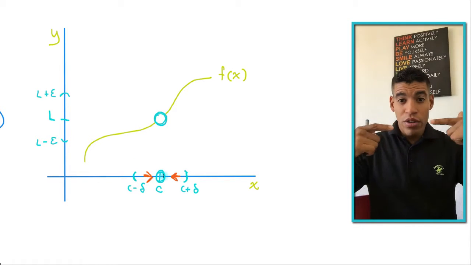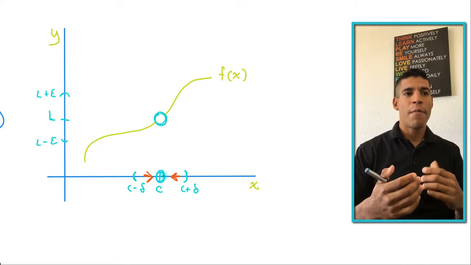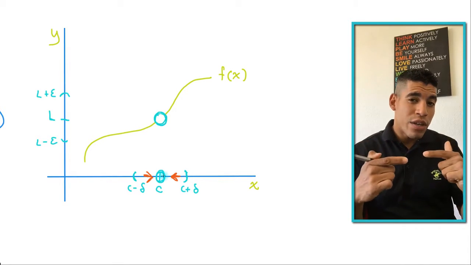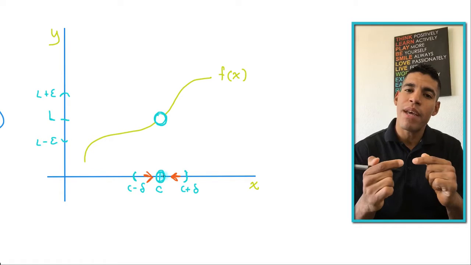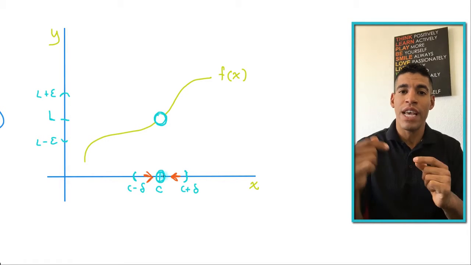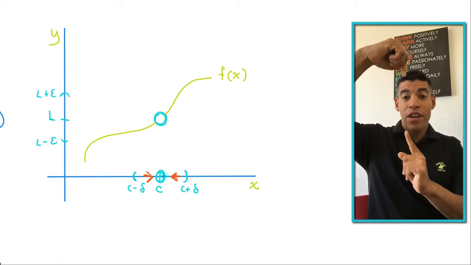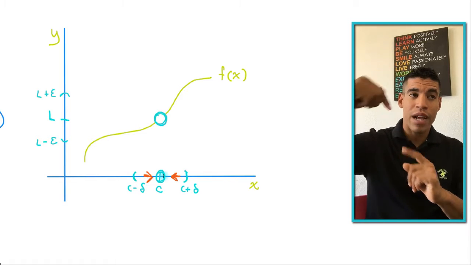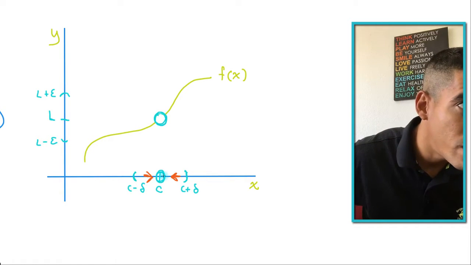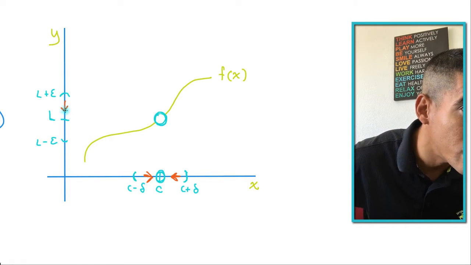So that approach is why we use an arrow. Okay, so x is getting closer and closer to c. But what's going to happen if we get closer and closer to c? Epsilon is getting closer and closer to L as well. So f of x is getting closer and closer to L.